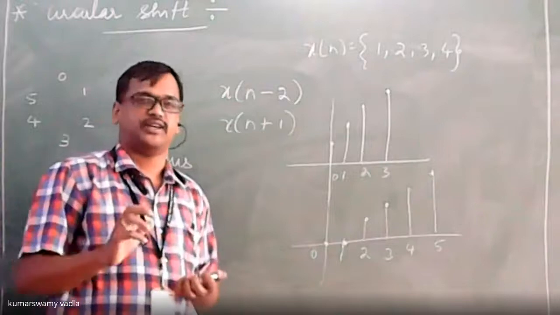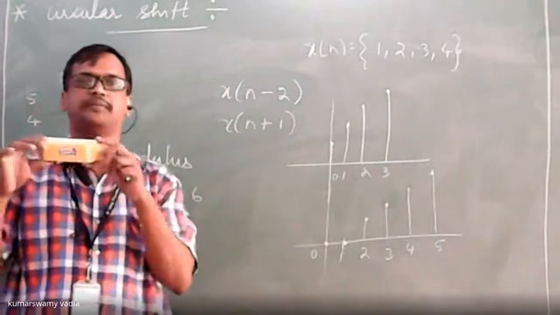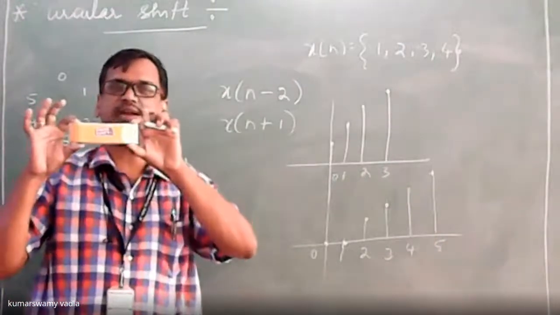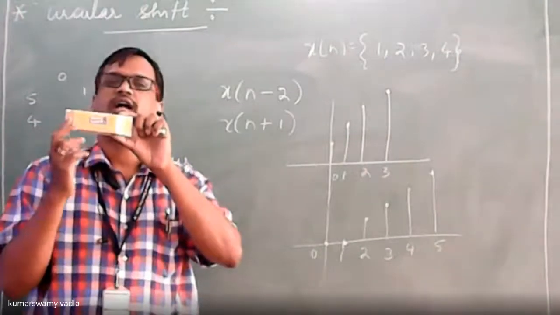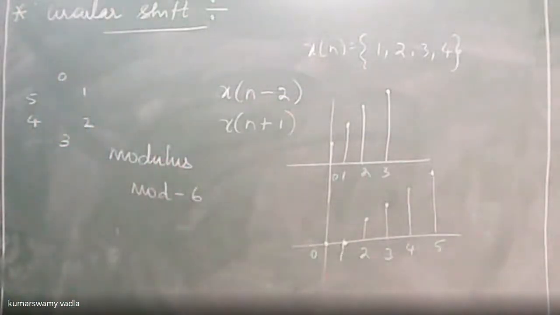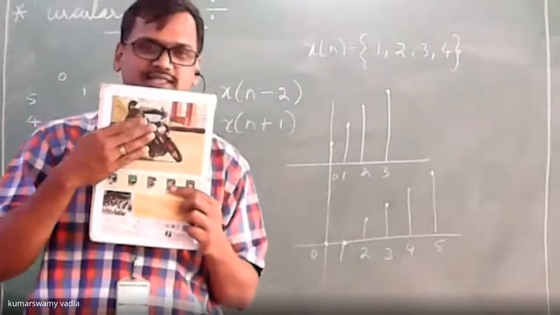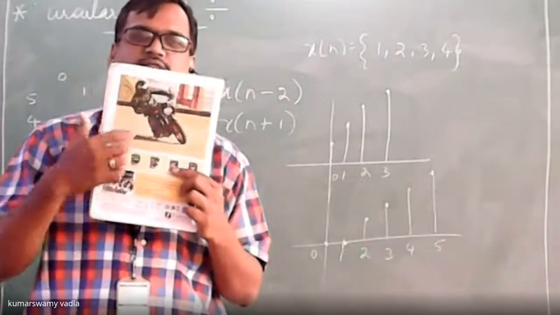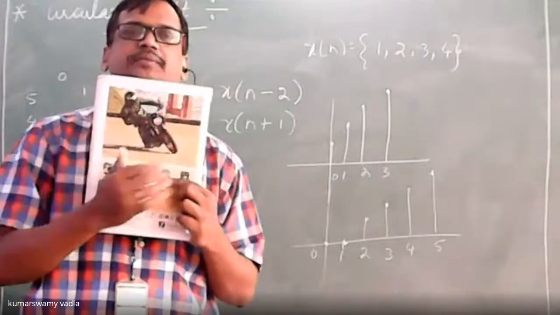Now, see here friends, consider this as a paper. I have signals written on this. If I fold this, I'll take the example of a book. There is a bike picture, need not consider that. Let us assume that there are signals over here: 3 and 3 and 3.